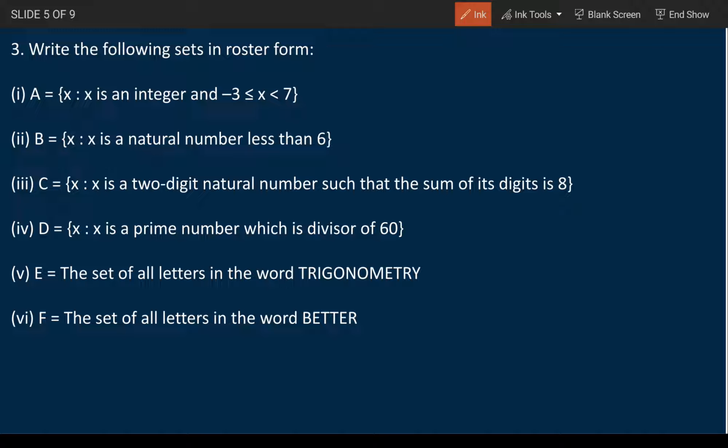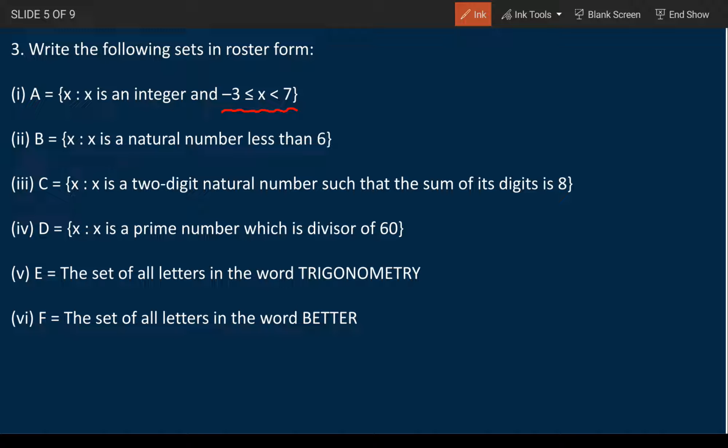Write the following sets in roster form. Here we have 6 questions in set builder form, and we have to convert them to roster form. The first question: A equals {x : x is an integer and -3 < x < 7}.